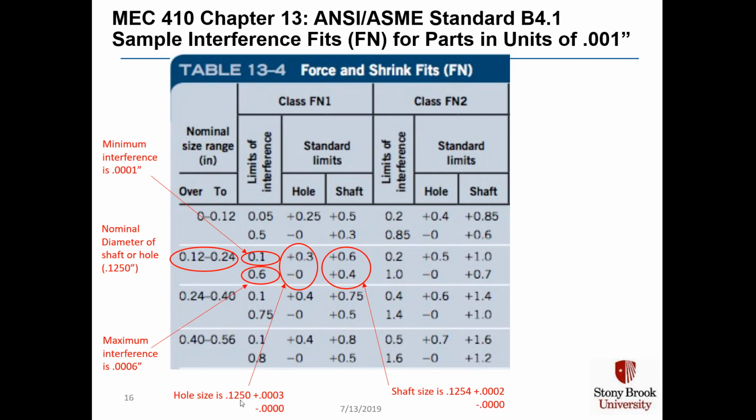The shaft size of 0.1254 inches comes from adding 0.0004 inches to 0.1250 inches, and the plus 0.002 tolerance comes from the difference between 0.6 and 0.4 times 0.001 inches.